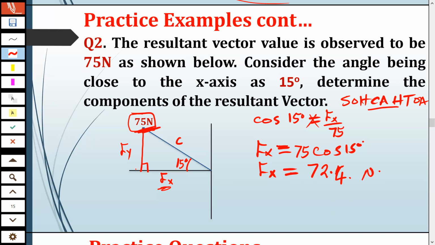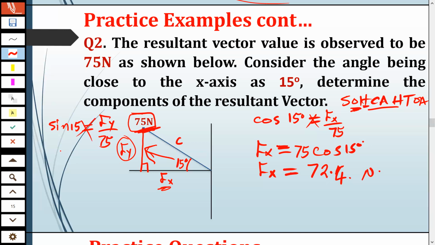And then we also have the force in the Y. For the force in the Y, we are using sine because this is opposite, and sine is the one that deals with the opposite and the hypotenuse. So we say sine 15 is equal to the opposite, which is the force in the Y, over the hypotenuse, which is 75.